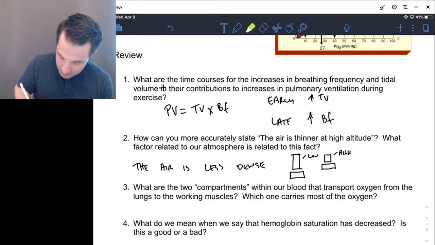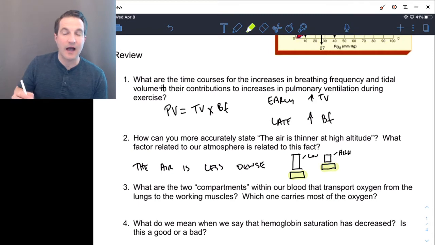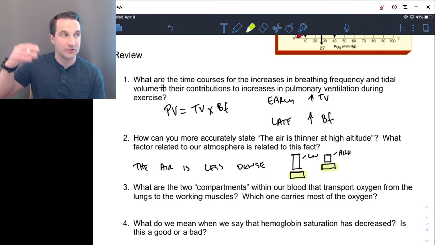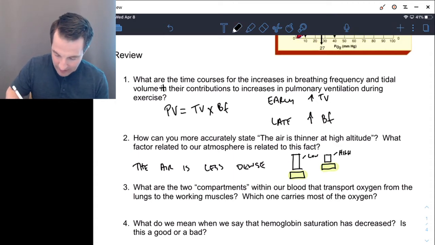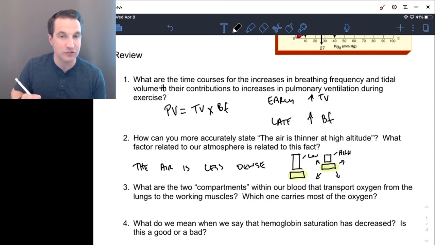So let's say, for example, that this green bar right here is the air that you're breathing. At the high altitude, the pressure on top of that air is less. Therefore, that's going to allow that air to expand. Okay, less pressure equals more volume. If there's more volume, with the same amount of stuff in it, it's less dense.